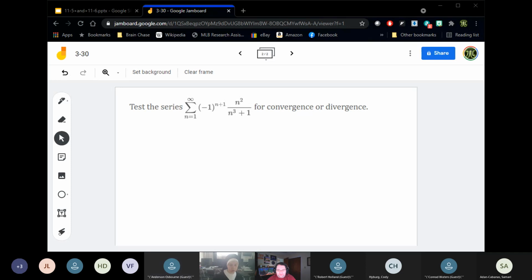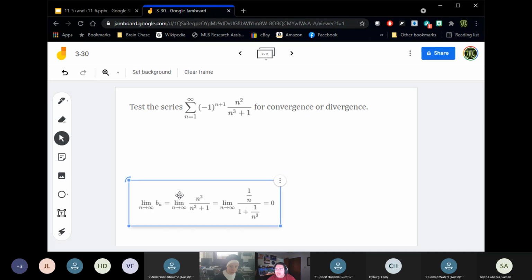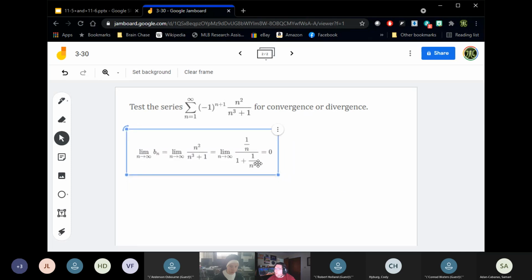If I divide by n to the third, I get on the top 1 over n, and on the bottom I have 1 plus 1 over n to the third. So 1 over n, as n goes to infinity, that top is going to what? 0. Right. So that means the whole thing is going to 0. So it meets condition 2, that the limit goes to 0.